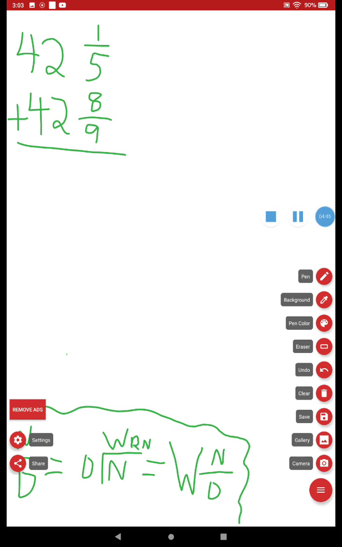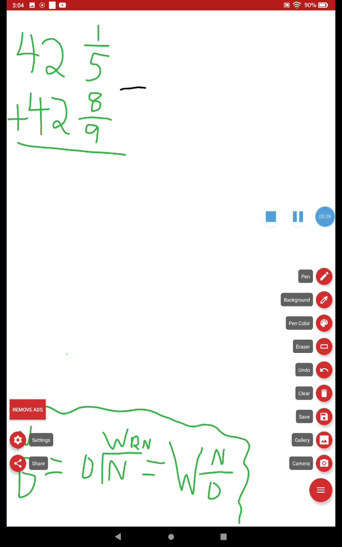I need to focus in on that 1/5 and 8/9. Now, is there a common multiple between 5 and 9? I'm thinking, what number can be both changed into a 5 and a 9. I'm going to have to get pretty big because there's nothing until 45.